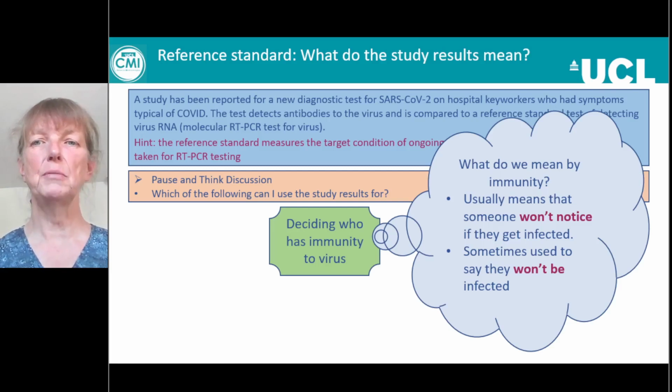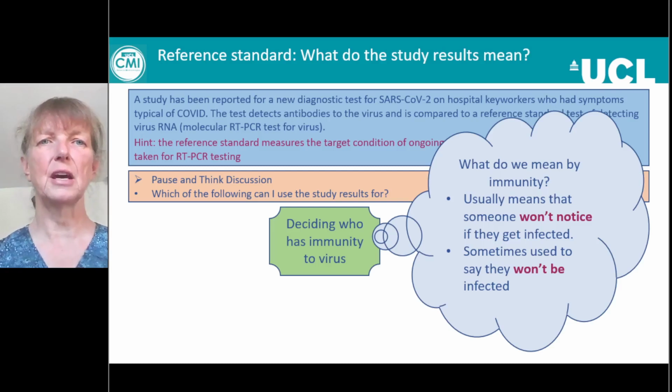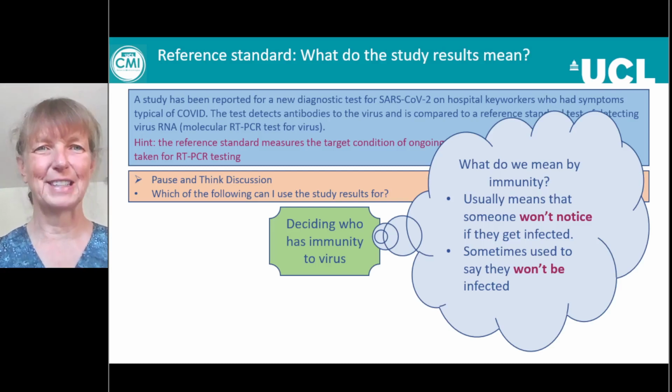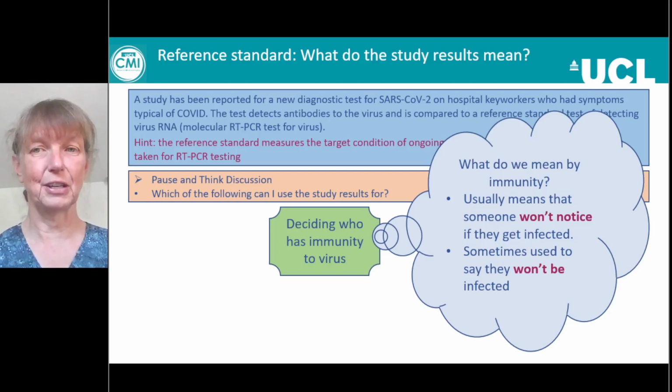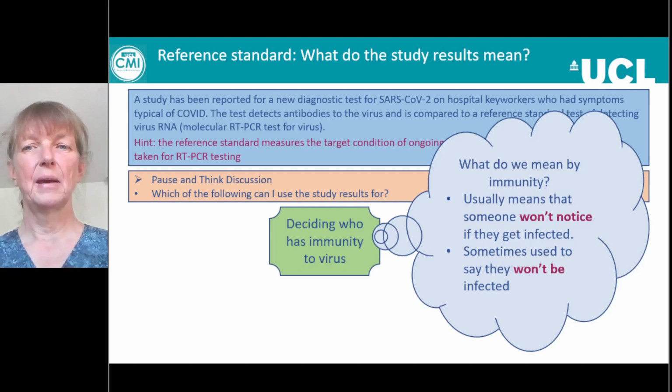Okay, and when we talk about immunity, what do we mean? We need to know that before we can decide whether the antibody test in the blood would be useful for immunity to the virus. So immunity is usually talking about when someone won't notice that they've been infected with a virus. Or sometimes used to say they won't be infected.